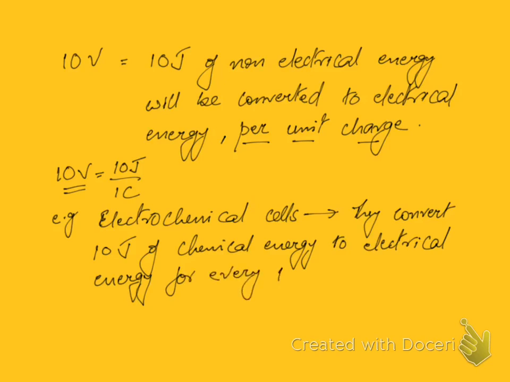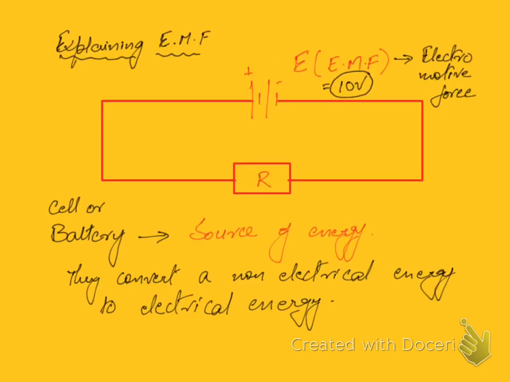Remember, for every 1 coulomb charge. And why so? What do the charges do with this energy? These charges will use this energy to move through the complete circuit. So that means every 1 coulomb charge, now this is 1 coulomb charge, what happens? It gets 10 joules of energy.